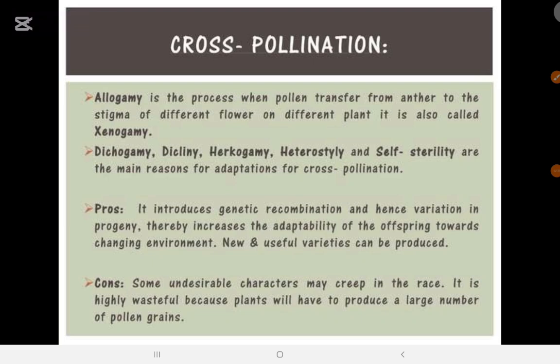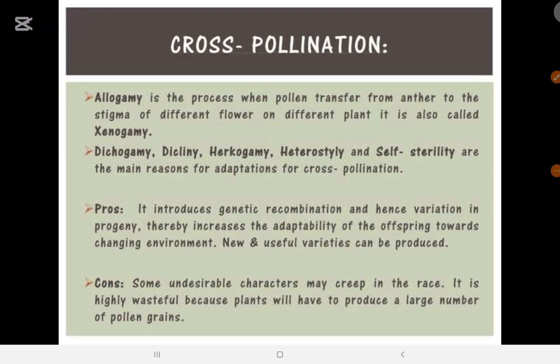For example, if an insect wants to pollinate a flower, it doesn't do so intentionally. It does so unintentionally. It rubs on the pollen grains, and so pollen grains get attached to the body. So much pollen gets attached that by the time the insect flies away from the flower, some of these pollen grains will be discarded.